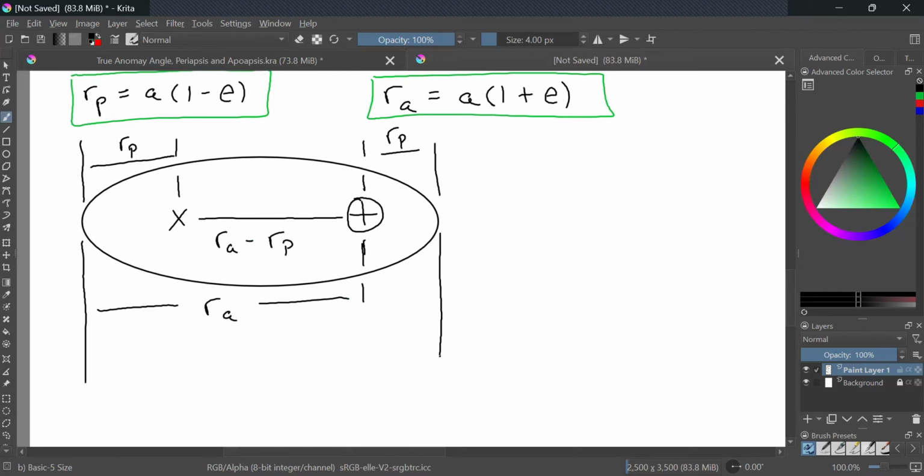And with the whole thing being the apoapsis distance plus the periapsis distance, sure I use the right variable. Our eccentricity, at least in terms of geometry, is defined as the ratio of the distance between the foci divided by the major axis.